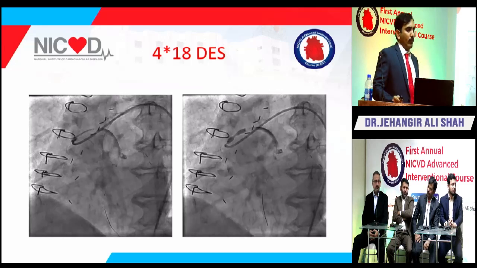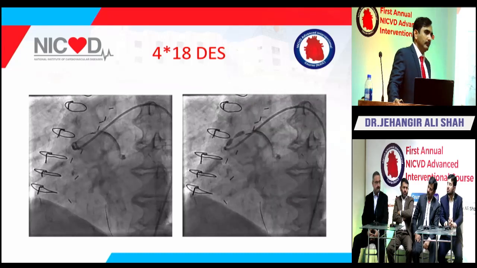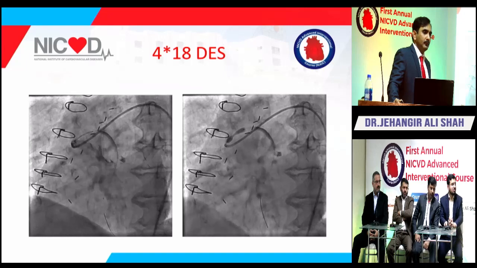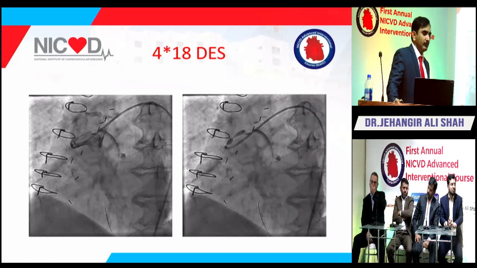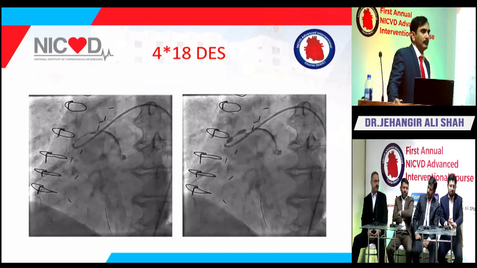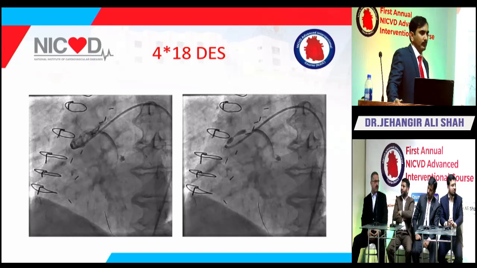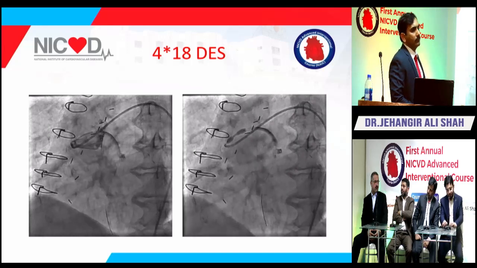Second thing is that for all left-sided grafts, the RAO view is a good view to see the start or the origin of the graft. So here you can have a better idea about the placement, because on one hand you will try to get into the aorta, on the other hand you will also try not to come into the aorta very far.